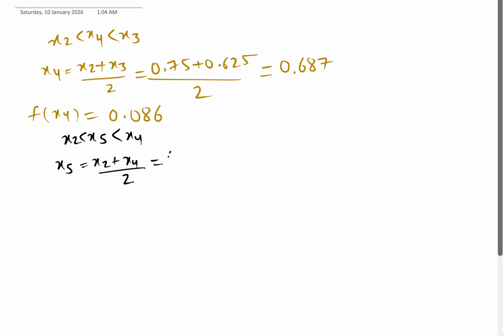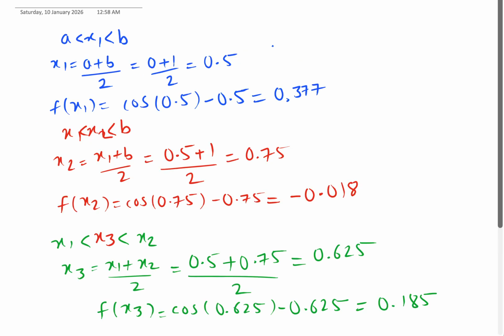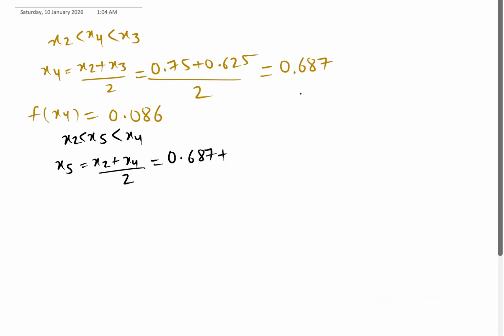x4 is 0.687 plus we need to find out x2. x2 is 0.75, upon 2.